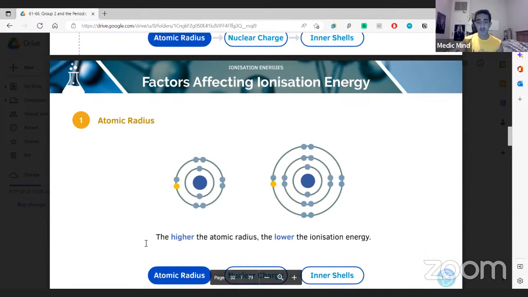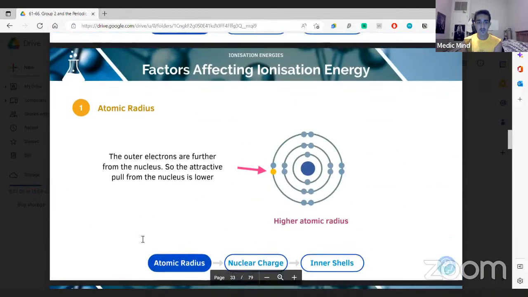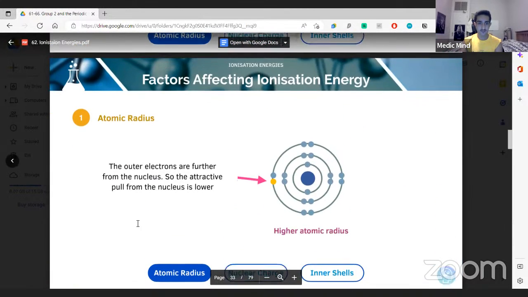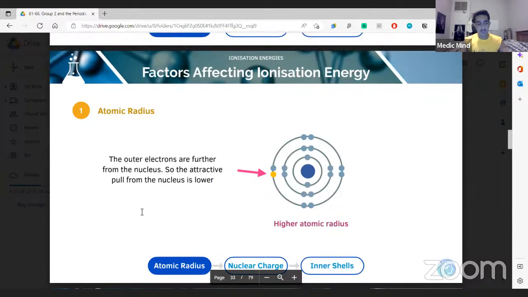A higher atomic radius means there's a greater shielding effect, which means the attraction from the nucleus to the outer electron is going to be less, which means the ionization energy will be lower because it's much easier to remove an electron. I will stop here because this is something important to take down. So I'll stop for a second or two here.